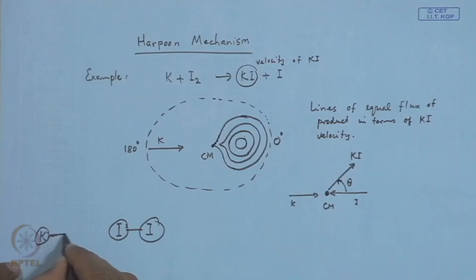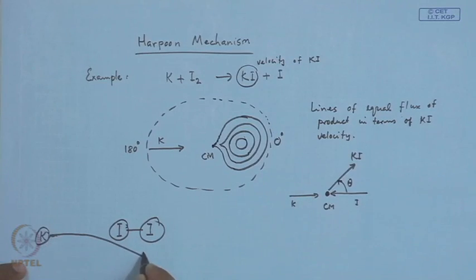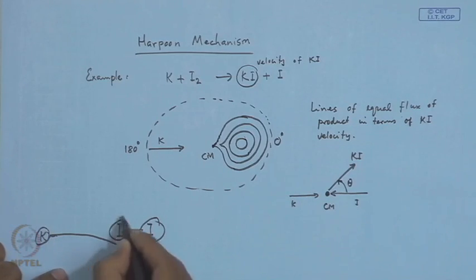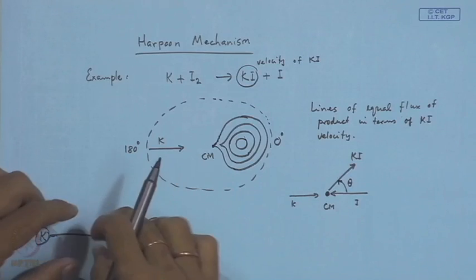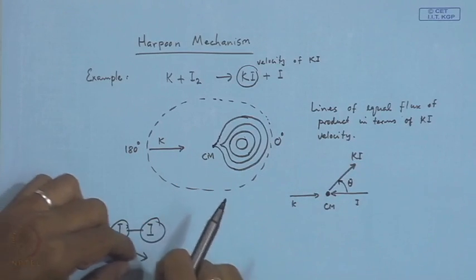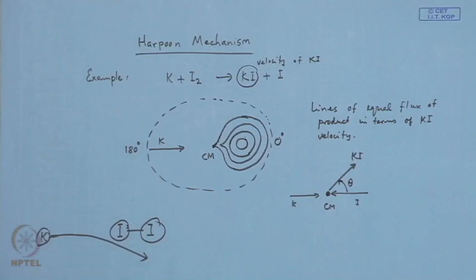So, the moment it is coming close to this iodine, it plucks it, that is, it takes it away and then follows this path. Okay.